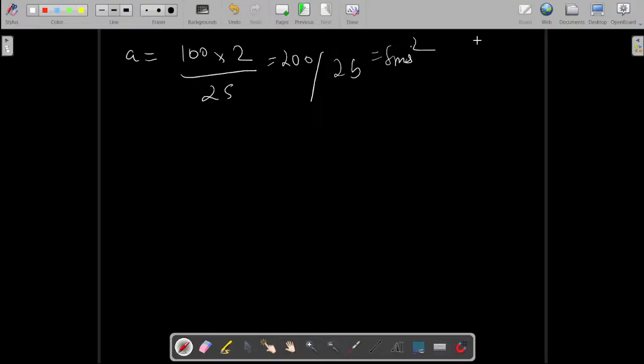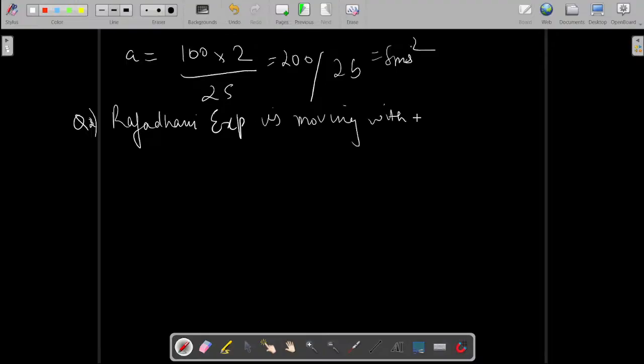One more question. Rajdhani Express is moving with a velocity of 340 kilometers per hour.